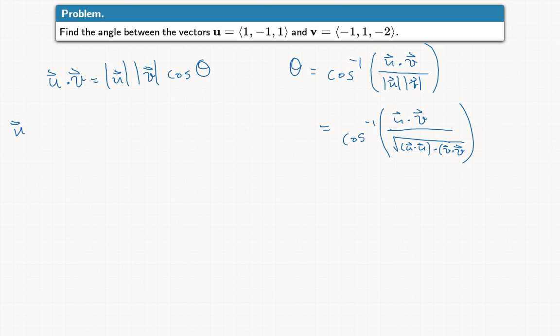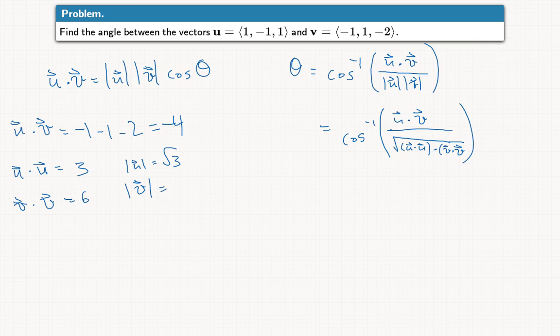So we calculate u dot v is -1 minus 1 minus 2 is -4. U dot u is 3, so length of u is root 3, and v dot v is 6, so length of v is root 6.